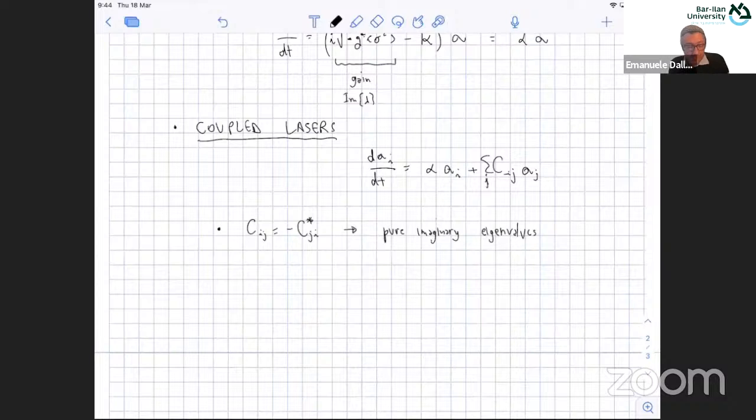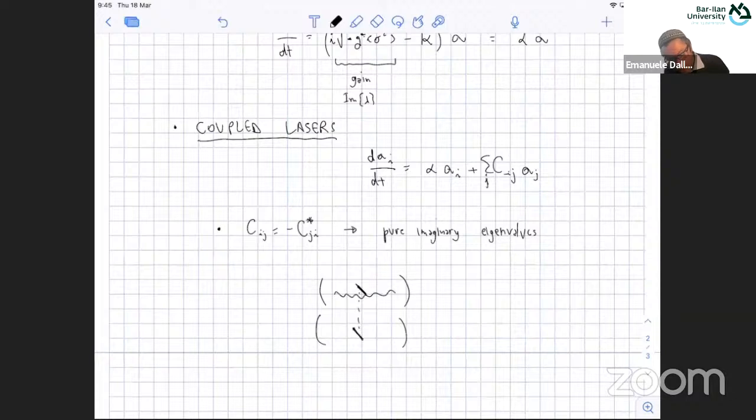Now, first, let me discuss how you can create such a coupling physically. Physically, it means that you have a coupling in which photons jump from one cavity to the other. So think of a mirror. Say you have two cavities, and there is a partially reflecting mirror and another partially reflecting mirror.